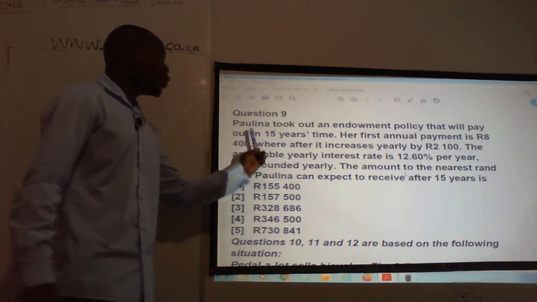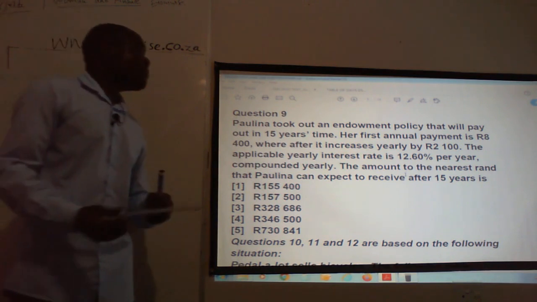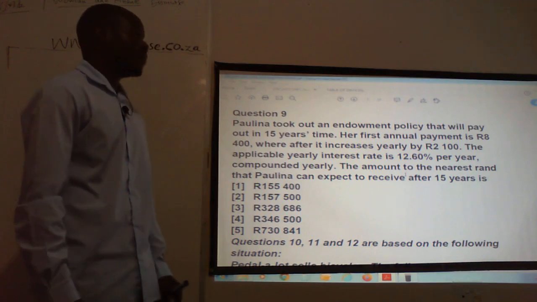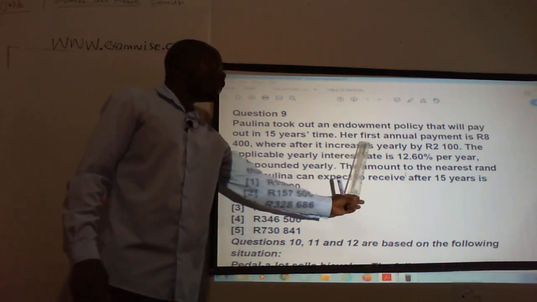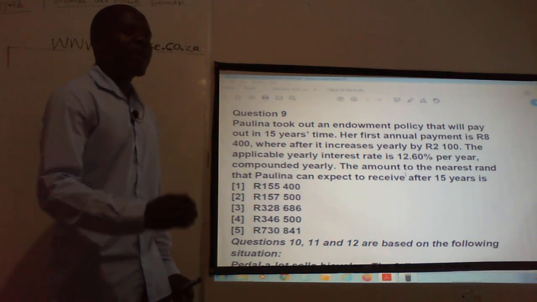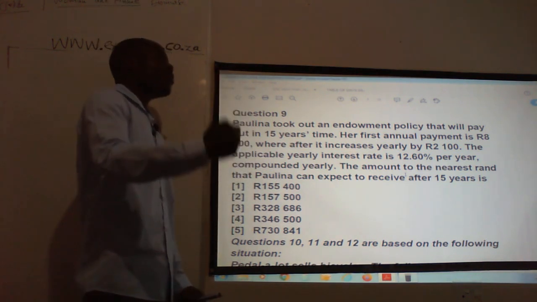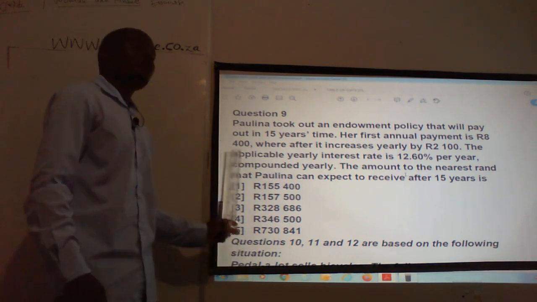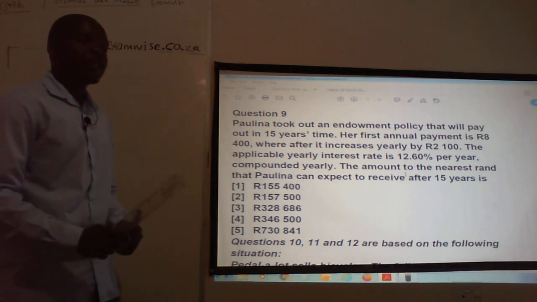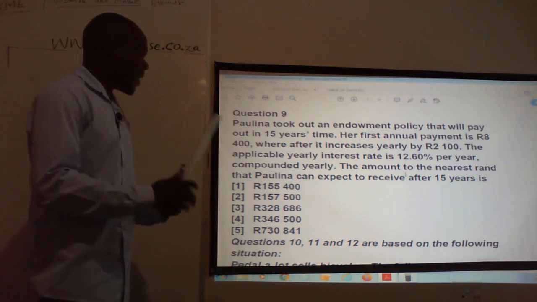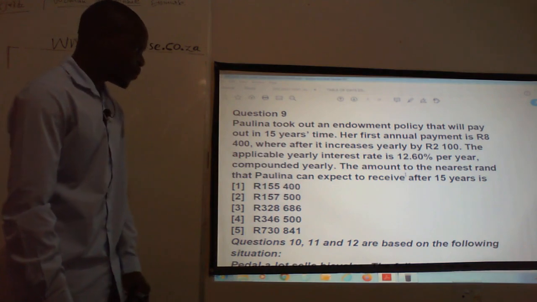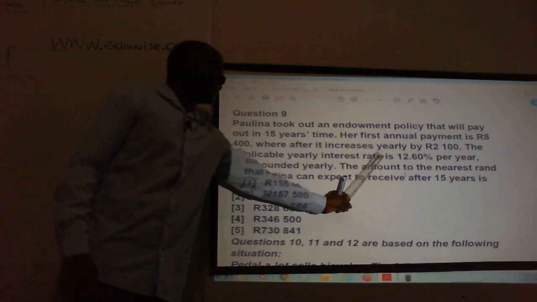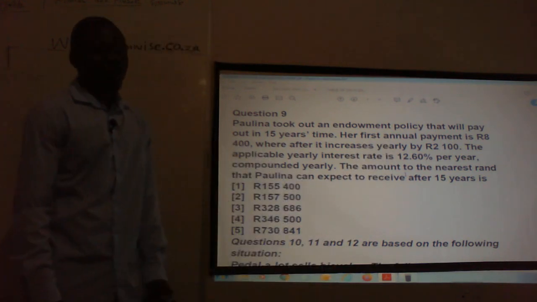So Paulina took out an endowment policy that will pay out in 15 years time, so 15 years from now. Her first annual payment is 8,400, meaning the first payment made is 8,400, whereafter it increases yearly by 2,100.